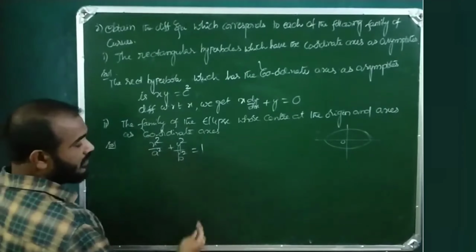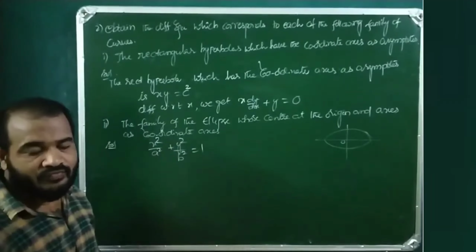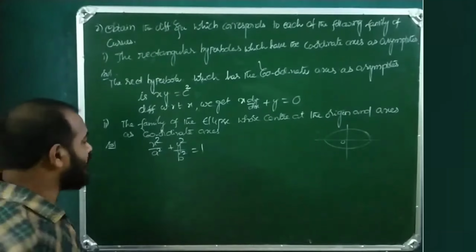Here a and b are the two arbitrary constants, for which we need to differentiate twice.